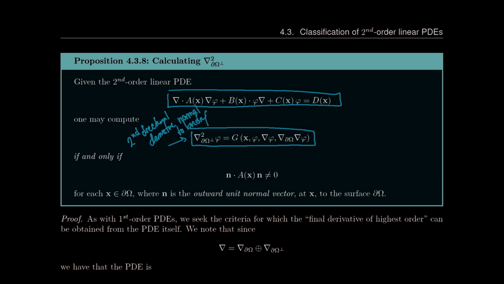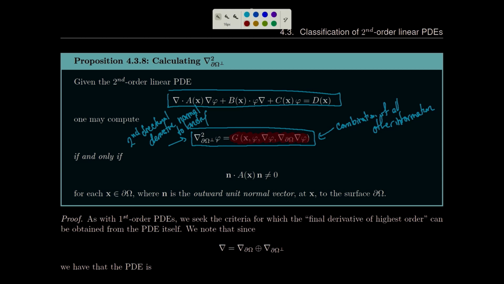You can compute it as a combination of all the rest of the information you know, if and only if this is determined only by the very top term, the A, if and only if the normal vector n dot A acting on n is non-zero.